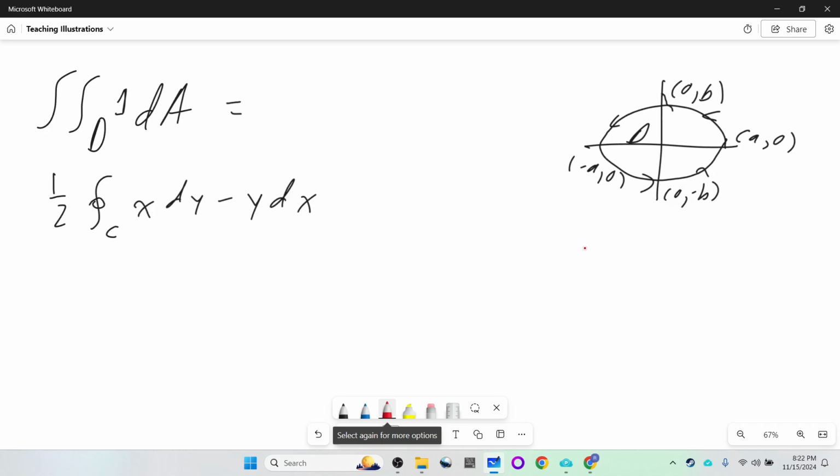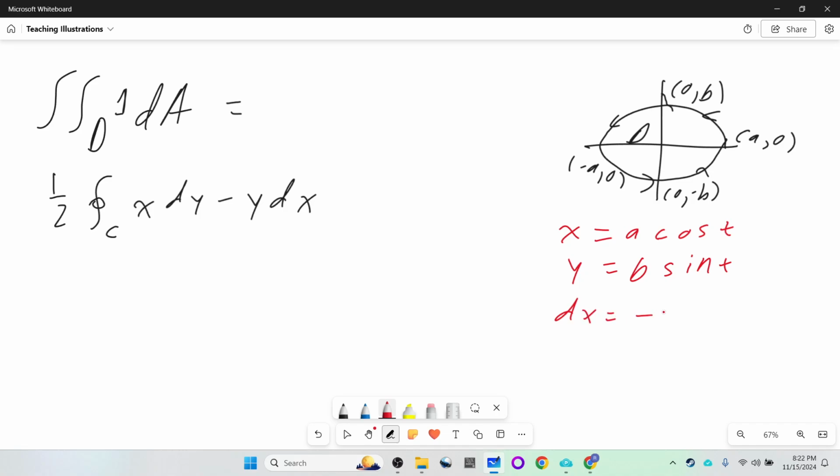So we need to get a parameterization. The parameterization, which I insist you memorize, is that x is a cosine t, y is b sine t. Then dx is negative a sine t, and dy is b cosine t. So, we'll put this together. 1/2.